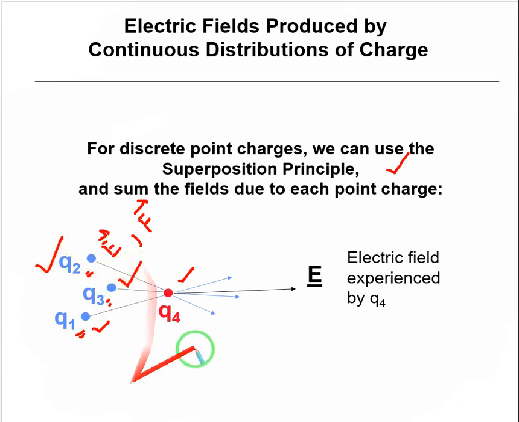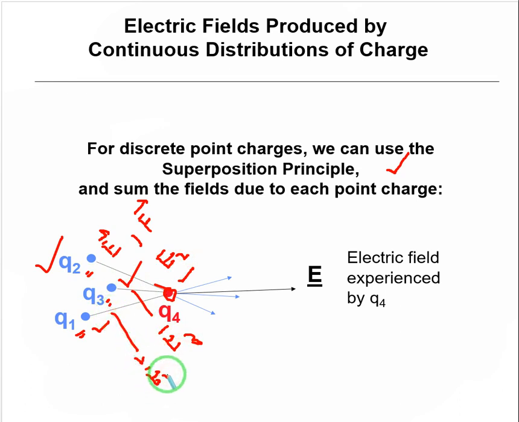At this point, let's see, E2 is the electric field due to charge q2, electric field due to charge q3, electric field due to charge q1.